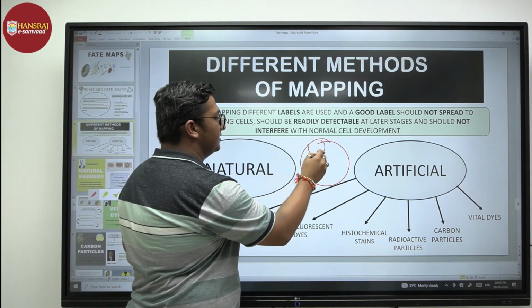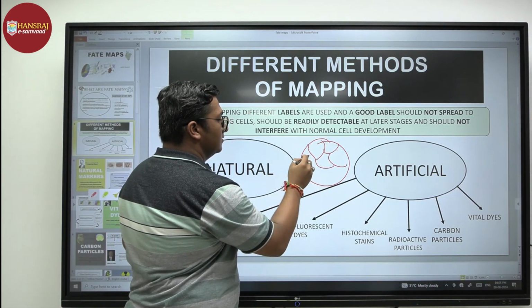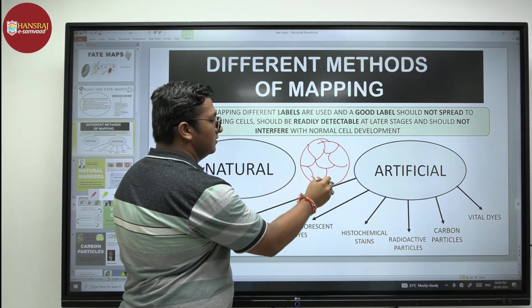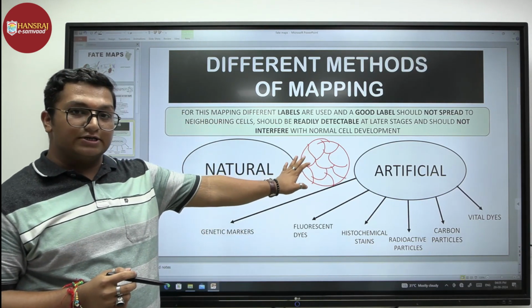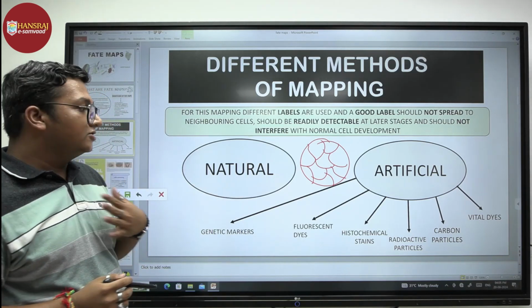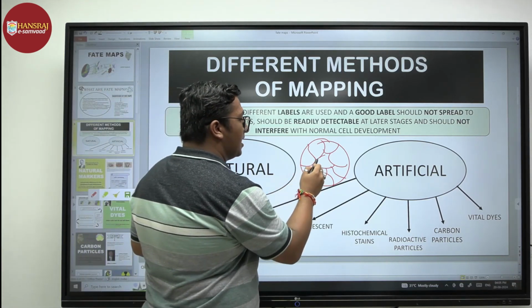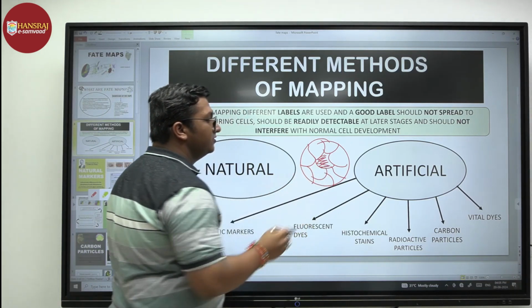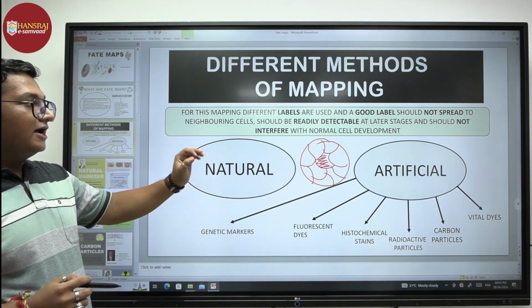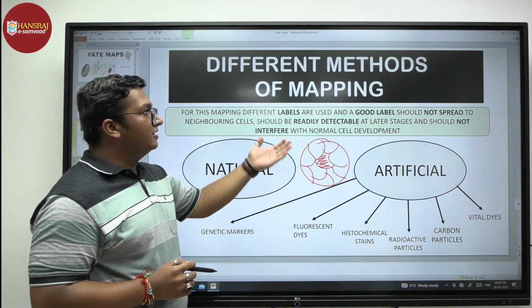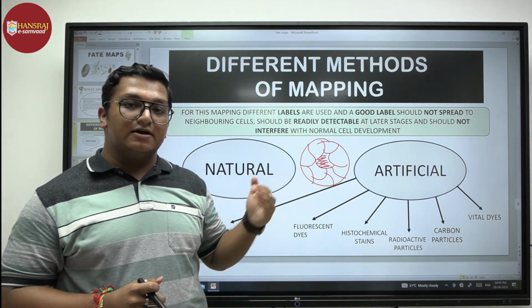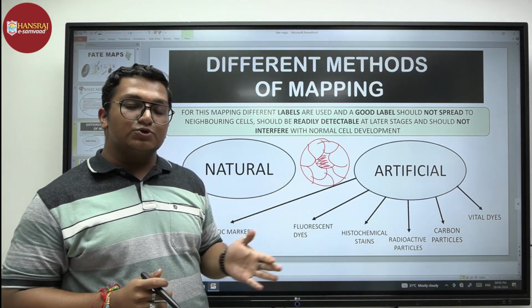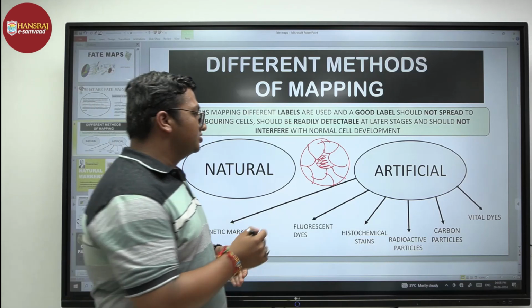We have different cells, and we don't know which cell is going to form which organ, and we want to know it. So first of all, we'll mark that cell. For that, we use a particular kind of labels which we'll study in different methods of mapping. So mapping is something in which a cell is labeled so that it can be studied at later stages of development.